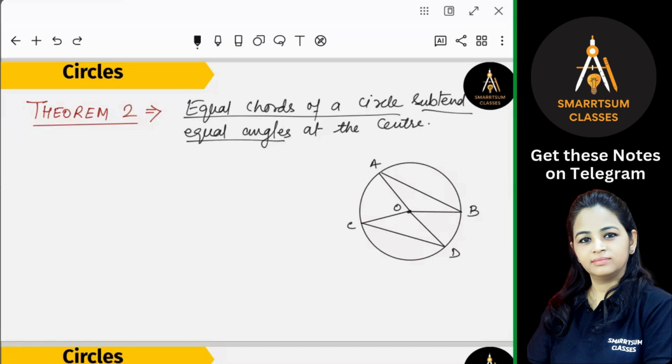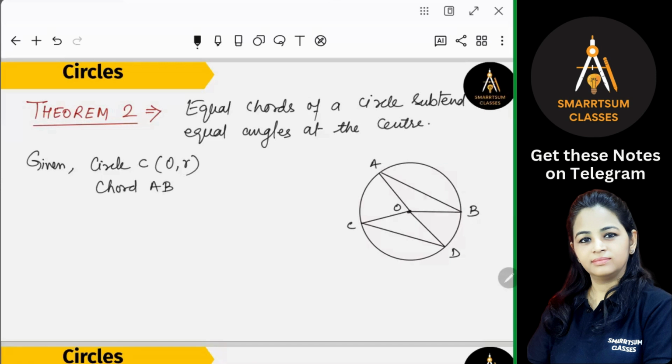So what it says is that if we have two chords which are equal in length. What is given here? It is given that there is a circle, C suppose, with center O and radius R. And in this circle, chord AB, this is the chord AB, is equal to the chord CD in length.